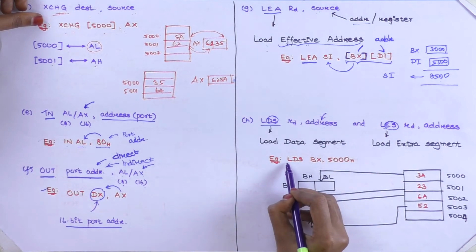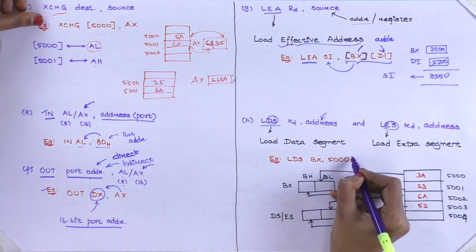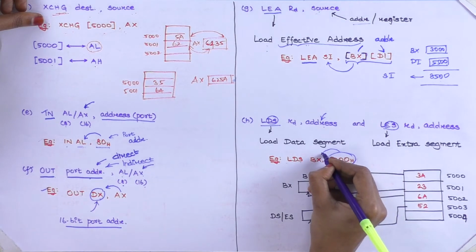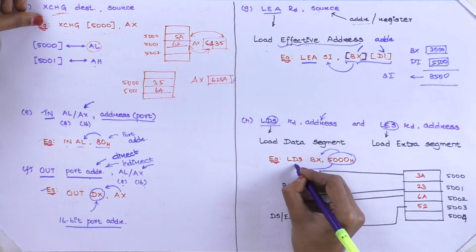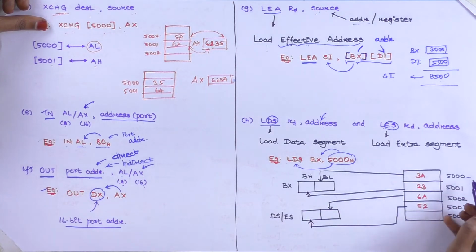I have taken an example, LDS BX comma 5000. The values from address location 5000 and the consecutive locations will be stored like this.